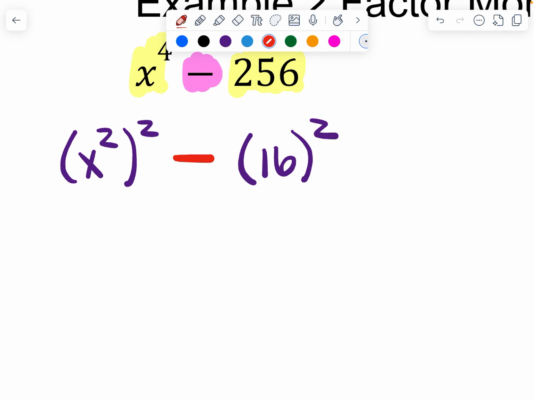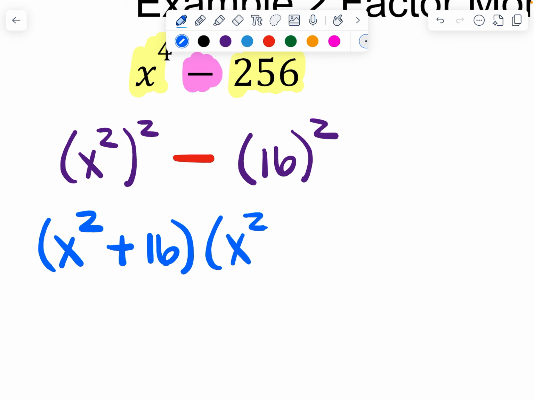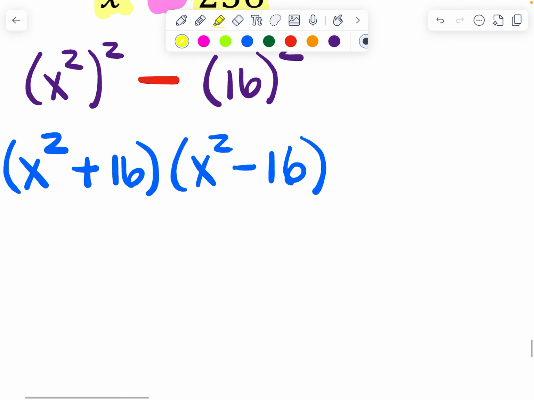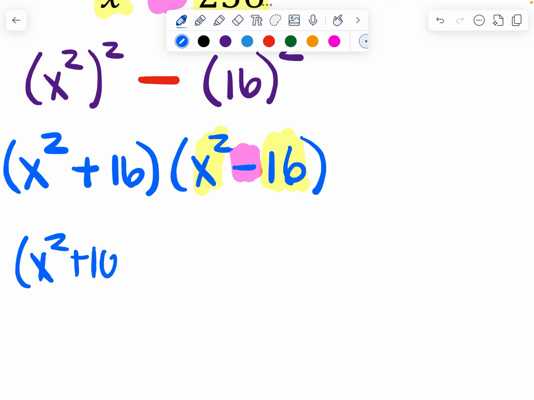In this one, I'm going to put the addition first: x squared plus 16. And the reason is because if you look at this, this is still a perfect square, this is still a perfect square, and it has a minus sign. The first one is all finished. We have x squared plus 16. Nothing can be done with it because it has a plus sign.